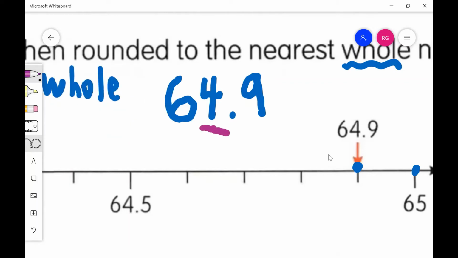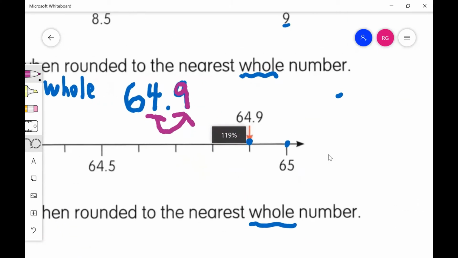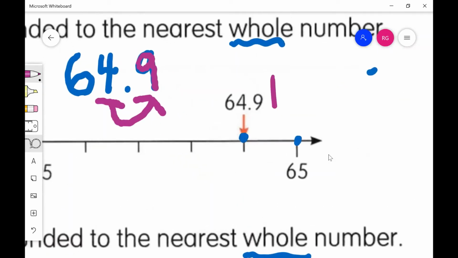So we are rounding to the nearest whole number, which is the 4. The first step is to find that digit, put a line under it, and then put an arrow. And you're going to look to the right. That's step 2. If this number is a 5, 6, 7, 8, or in this case a 9, are we going to round up or round down? Round up.